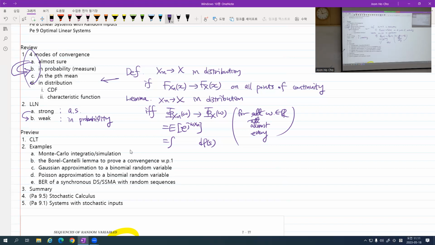Here goes some preview. We will see more on the convergence in distribution, especially with emphasis on the central limit theorem. Last time I emphasized that the central limit theorem is often misunderstood. In order to prove the central limit theorem, I recommend you to prove some sequence of random variables converges to what?